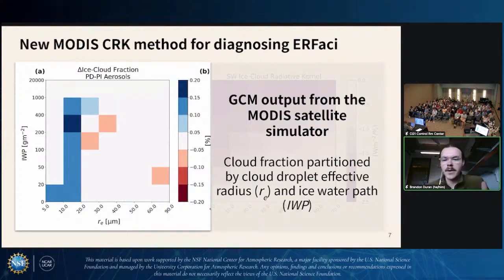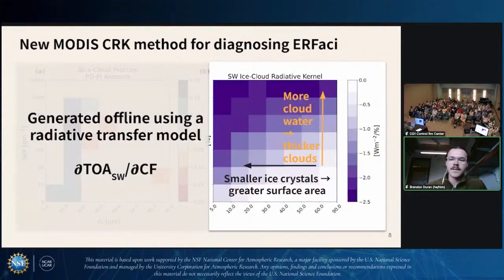And then the other component of this method is this cloud radiative kernel, which is generated offline using a radiative transfer model. You can think of this as dTOA over d cloud fraction, so measuring the effects of changes in cloud on the radiative fluxes.